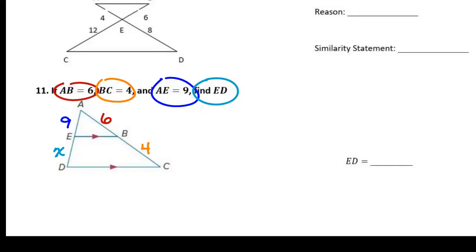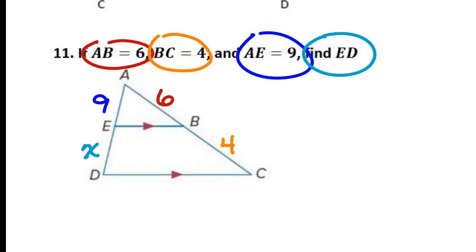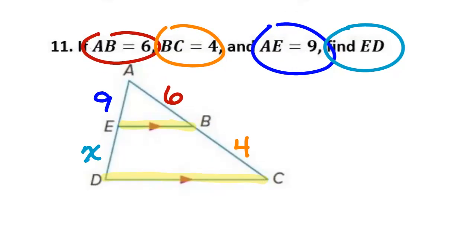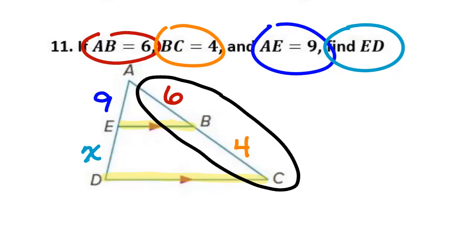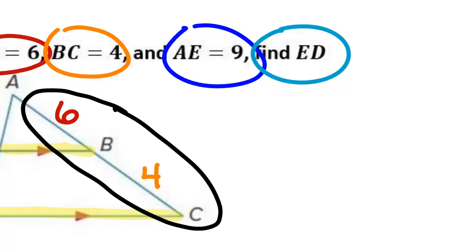We have a parallel pair of lines here with EB and DC. When I have parallel lines like this with the triangle, I can look at one side here and turn that into a ratio, a proportion. So I can write a proportion that is 6/4.